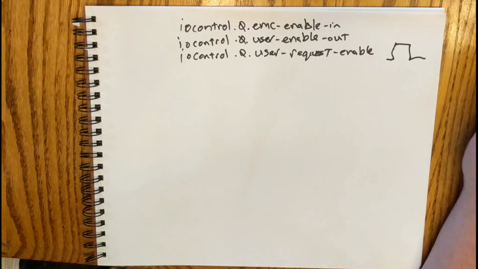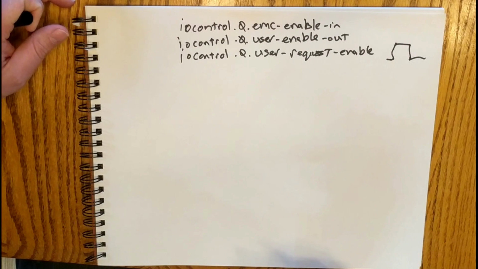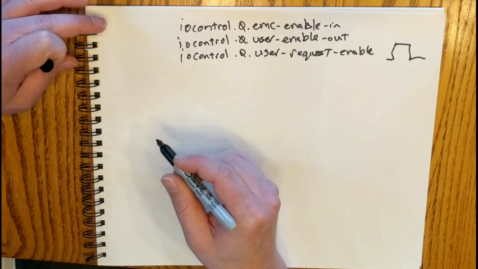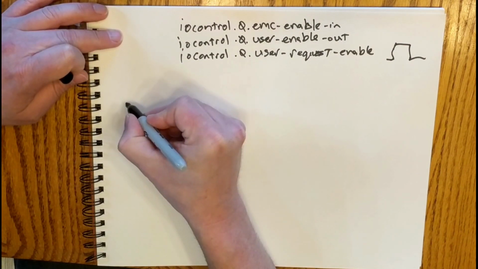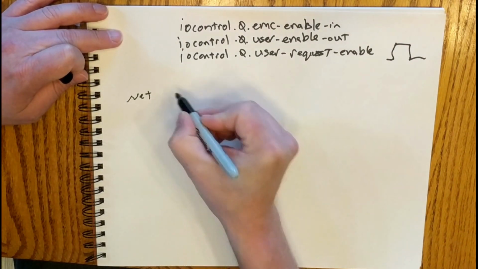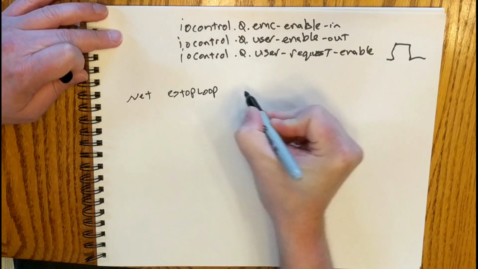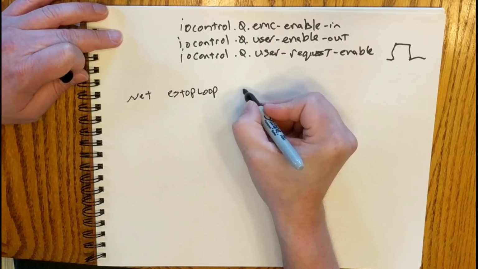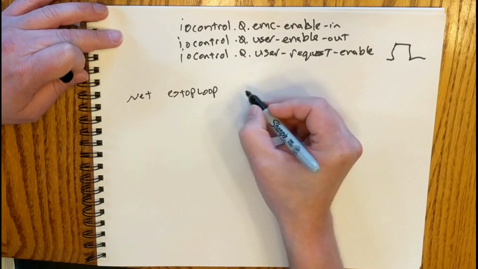So on a basic setup, if you look at any of the simulation configs within Linuxcnc, you'll see something like net estop-loop, and then I'm not going to write the io control part because my handwriting's bad enough the way it is.